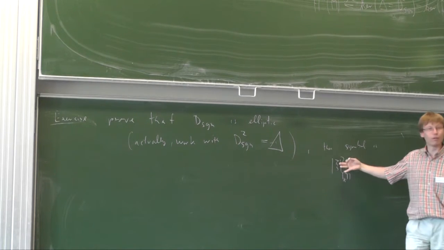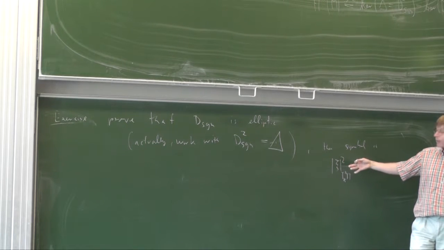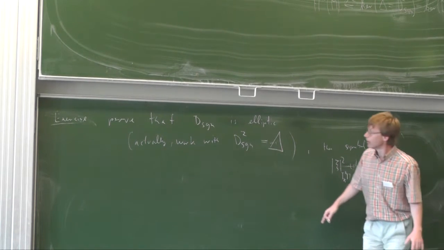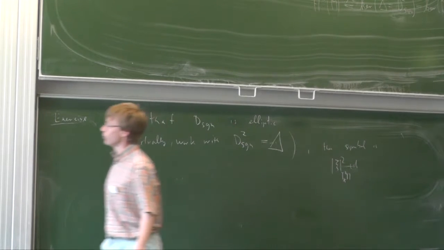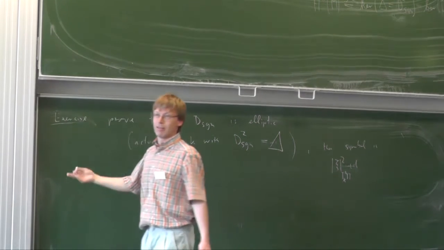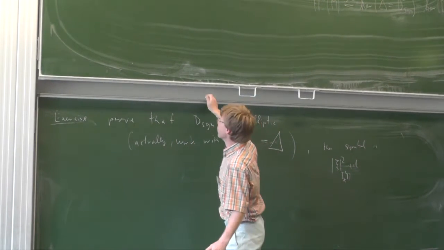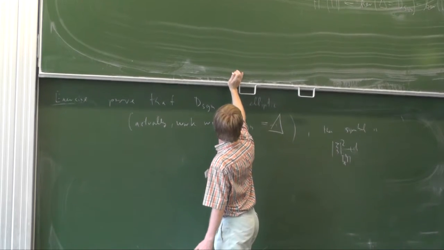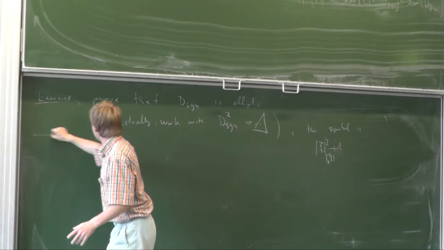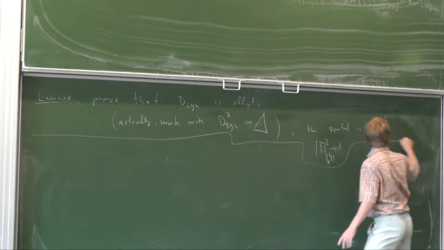And if you see this, you believe that this operator is invertible except if xi is equal to 0. And of course you can check that if you square the operator, you really have to square the principal symbol as well. So invertibility of one is equivalent to invertibility of the other. Okay, that was discussed.